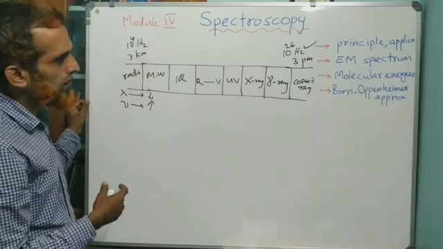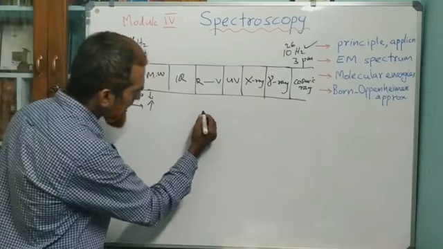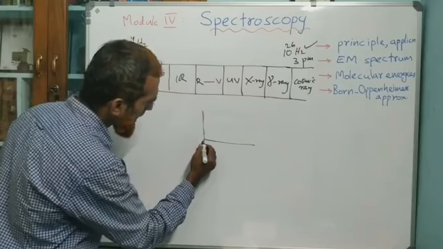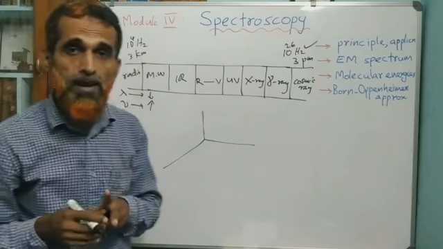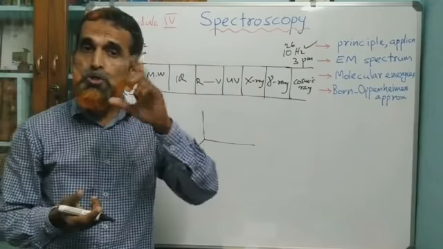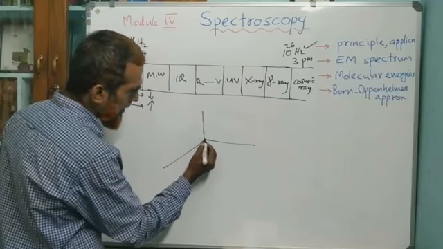Okay? Now, you know that electromagnetic spectrum, you know that each radiations, why we call electromagnetic spectrum? Because all these radiations have got two waves which are perpendicular to each other, right?